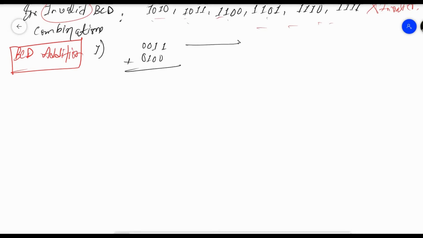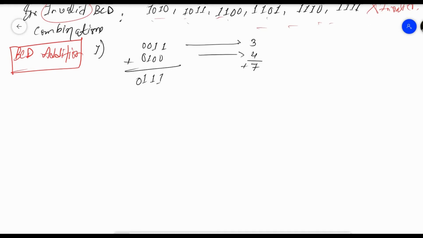Normally this is 3 and this is 4, and if we add them together we get 7. If we add according to binary addition, which we discussed in the previous videos in this playlist, the result will be 0111, and the corresponding decimal value of 0111 is 7.